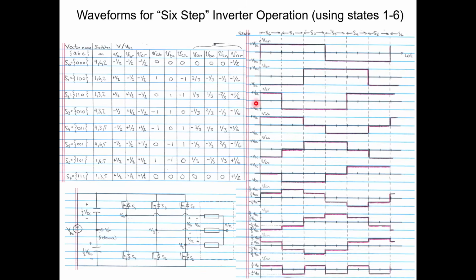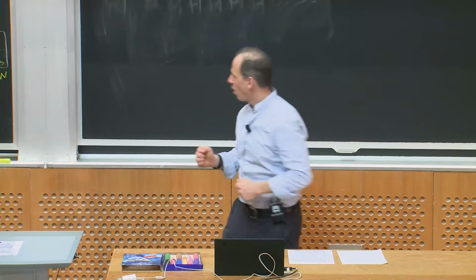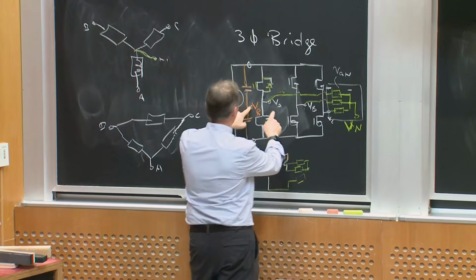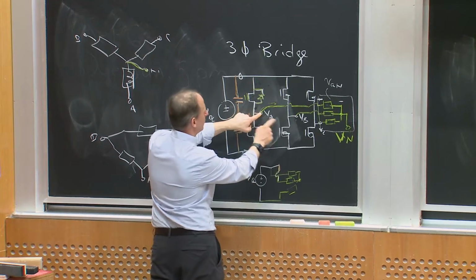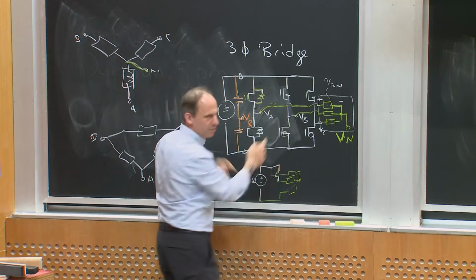Well, if I looked at VAB, VBC, and VCA, that's the next 3 here, and I apologize, it's not the prettiest diagram, those are the line-to-line voltages. Okay, so all I'm doing is instead of looking at what this is with respect to the reference, I'm just looking at the difference between VA and VB.